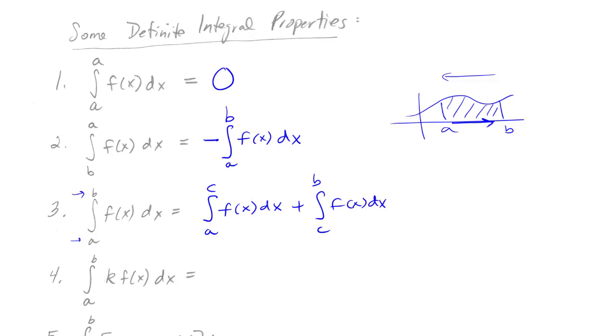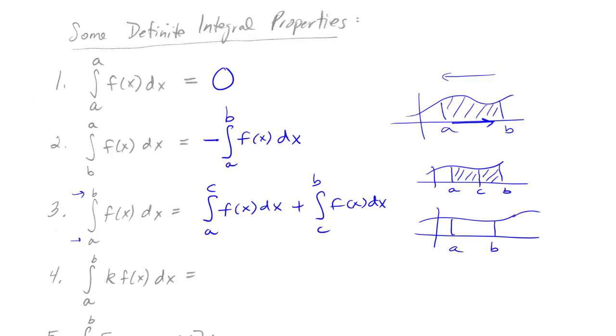So we could go to any other point. This makes a lot of sense if C is in the middle between A and B, because the whole integral is just the sum of those two areas. The interesting thing is that we don't actually need C to fall between A and B.